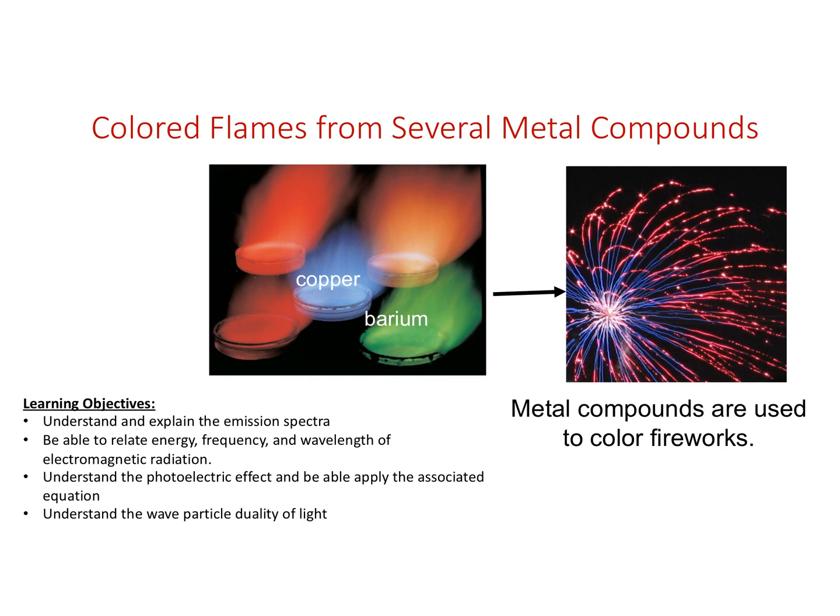To get a better understanding of what we're observing and where these colors are coming from within the atom itself, our learning objectives for this module are: we need to understand and explain emission spectra. We need to be able to relate energy and frequency and wavelength to electromagnetic radiation. And we need to understand the photoelectric effect and be able to apply the equation that explains the photoelectric effect, and understand what that means for the system and for the elements themselves.